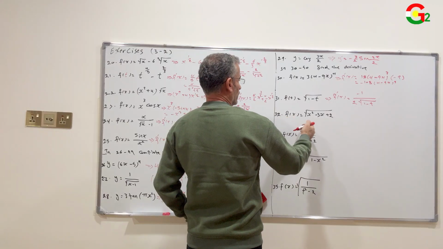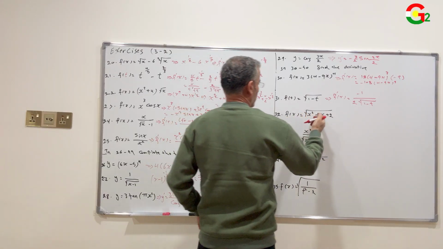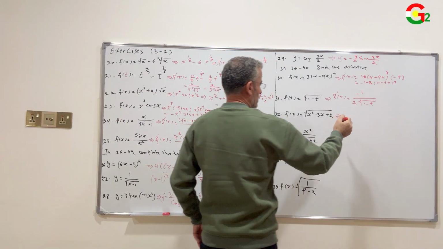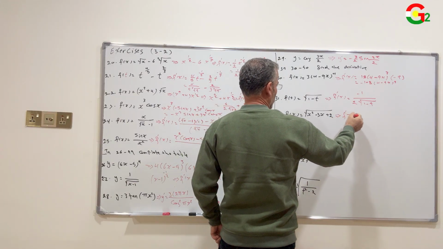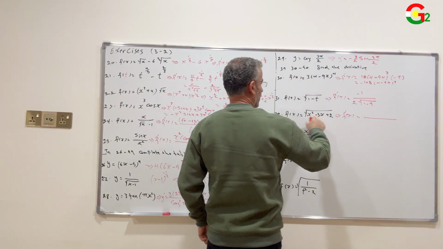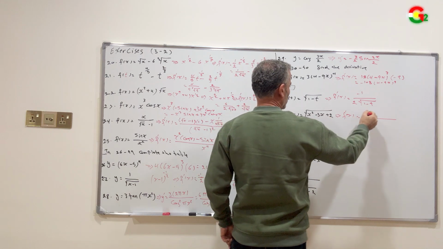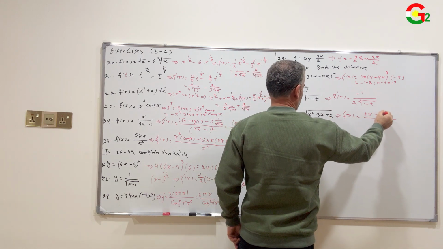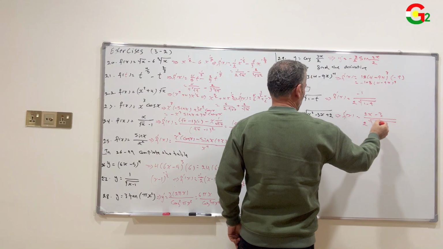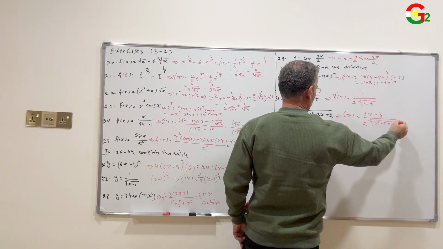f of x equals the square root of x power 2 minus 3x plus 2. We can directly write the derivative of the term inside the root: 2x minus 3 over 2 square root of x power 2 minus 3x plus 2.